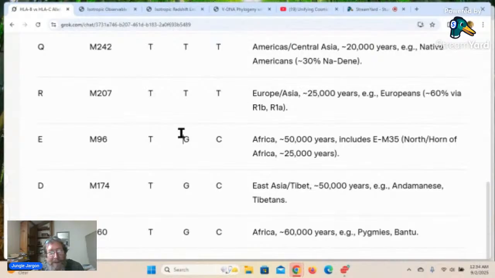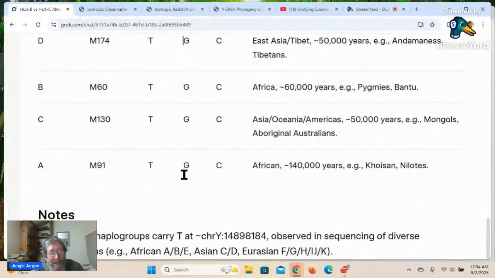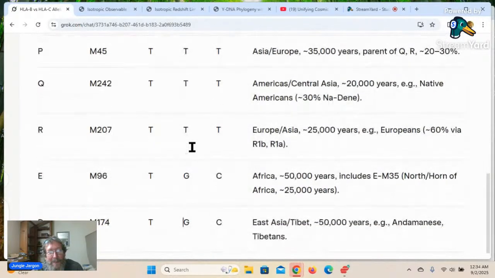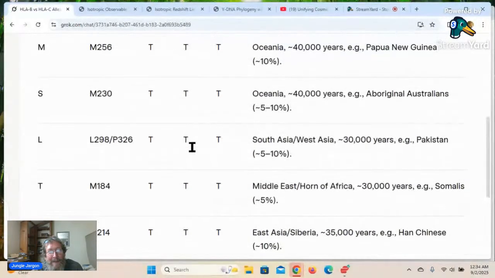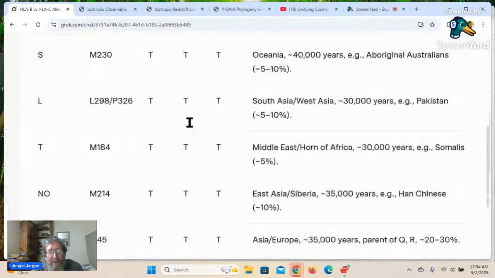Lo and behold, it changes with the Hamitic population: the E, the D, the B, the C, and the A. Okay? So remember that was M89. Remember we used the M89 to determine what was Hamitic? It still works perfectly all the way through.